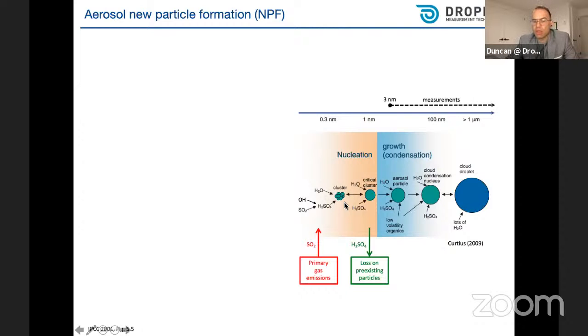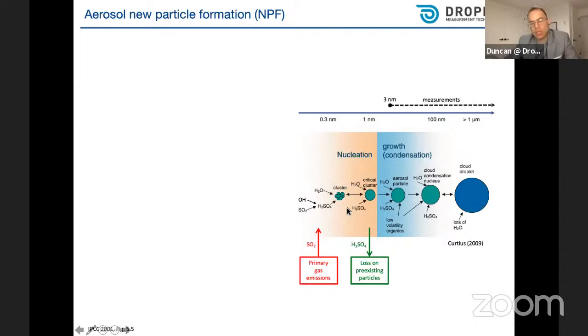So there's a competition between the newly formed particle, this cluster that you see here, and the stabilizing vapors that allow this reaction to proceed. And the stabilizing vapors may condense on the pre-existing particles, which could compete with this process.